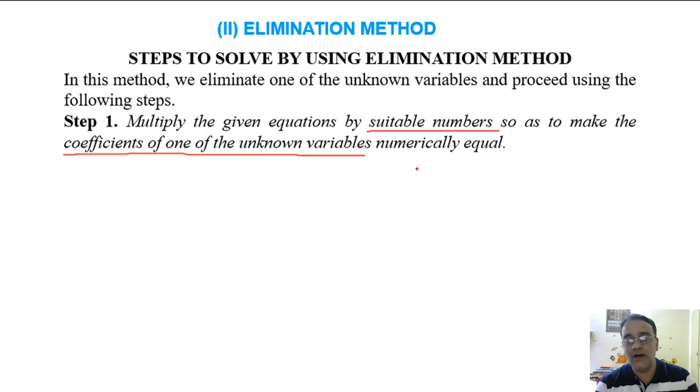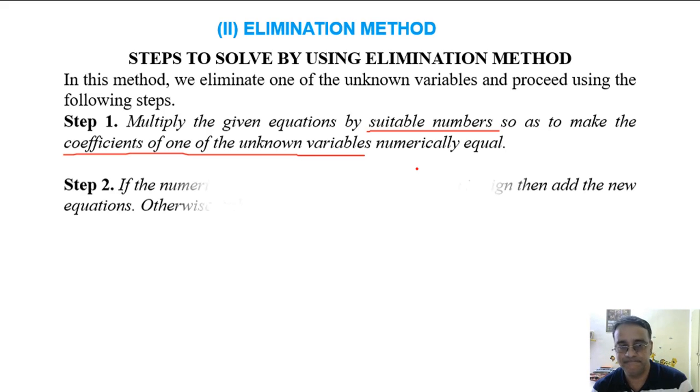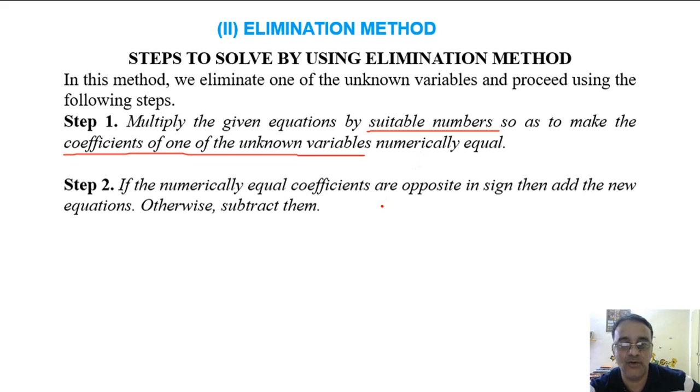Okay. So now if the same sign is there, then you have to subtract to eliminate that one. If different sign is there, you have to add. If the numerically equal coefficients are opposite in sign, then add the new equation, otherwise subtract them.